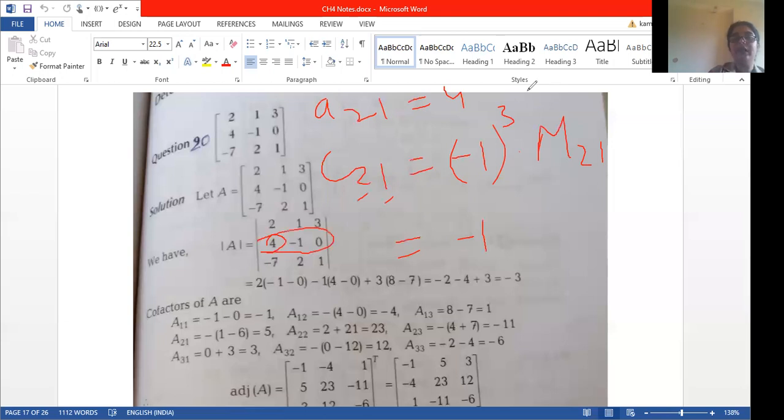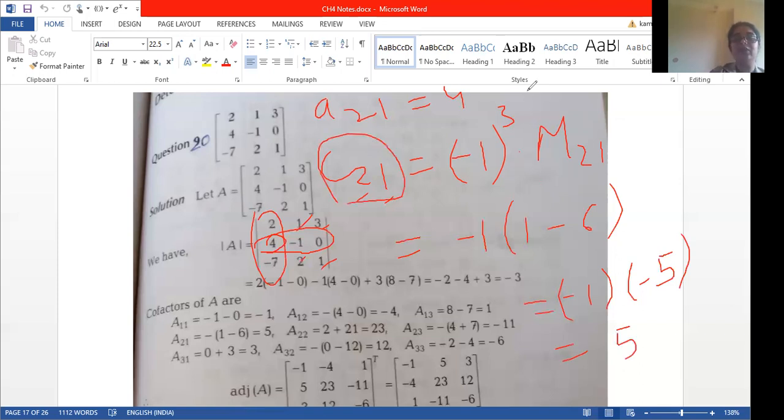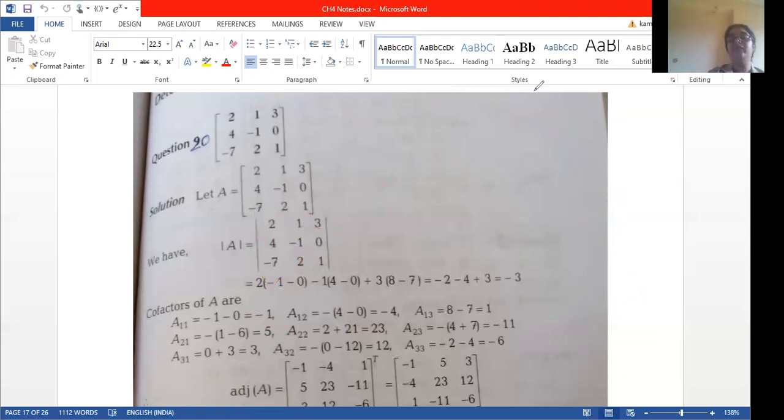This row and this column. So what we are left with? This 1 into 1, 1 minus 2 into 3. So it will be equal to minus 1 times minus 5, that is equal to 5. Now just see the value of C21. Here we are having A21 is equal to 5. Is that clear? So this way you will calculate the cofactors of all.